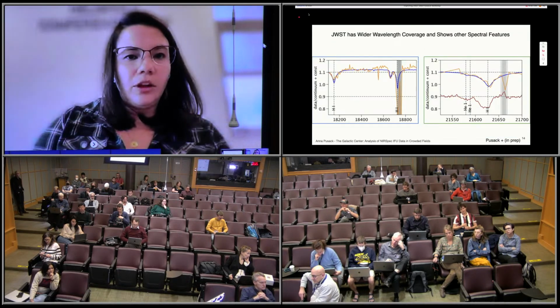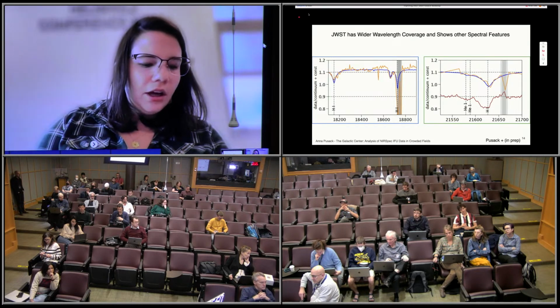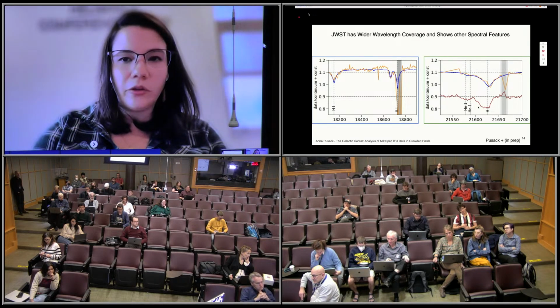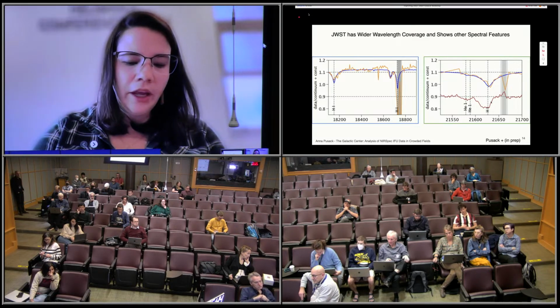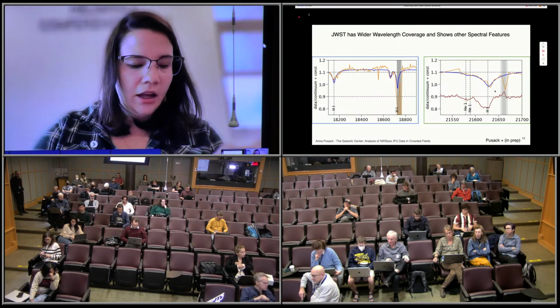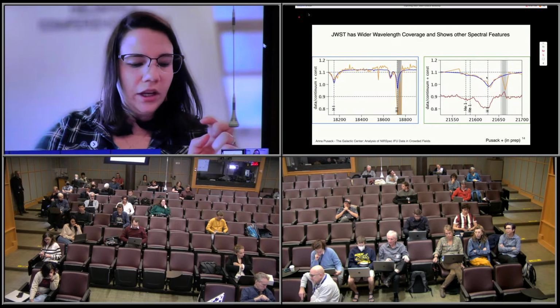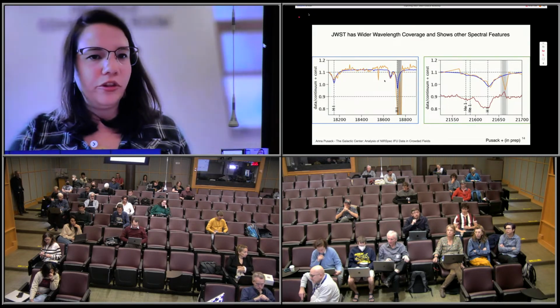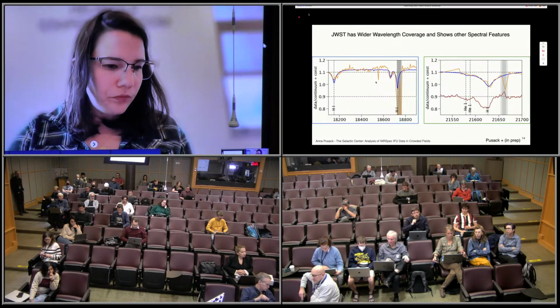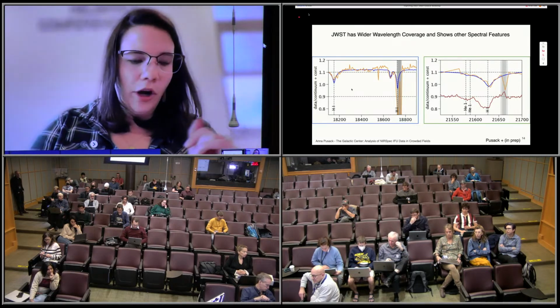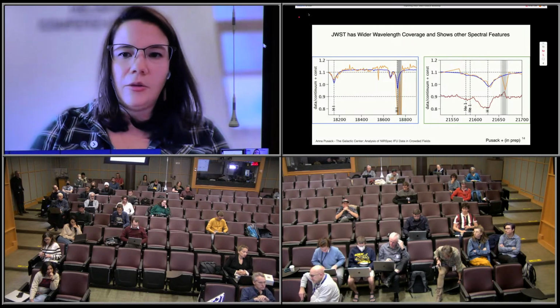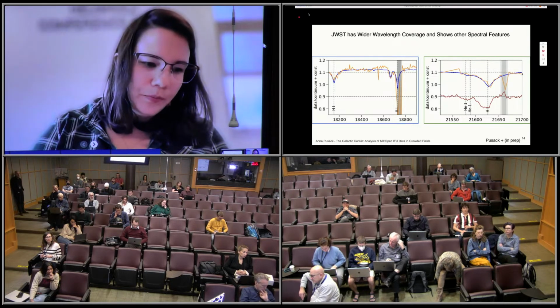To give you a little bit closer look at that, you can see at these insets, these are areas where the two instruments overlap and the different information that's there. But we can also see lines maybe that we can't see from the ground, which you can see on the left. Here we have more H1 lines, as well as details about the actual spectral resolution difference between the two.